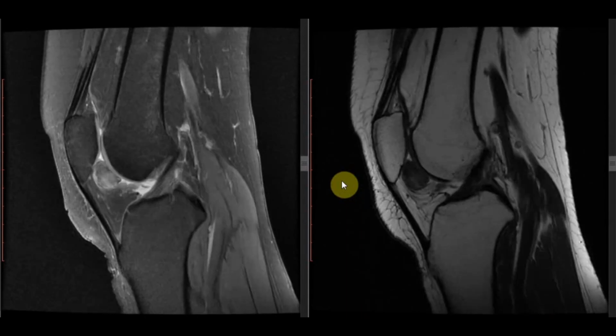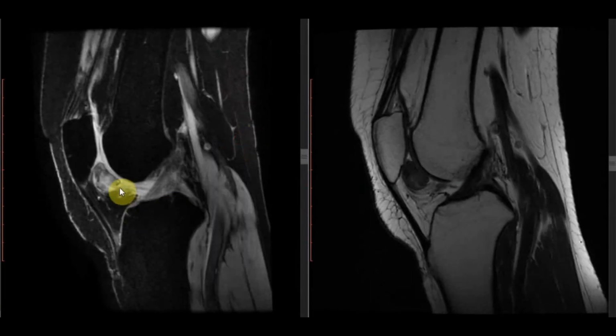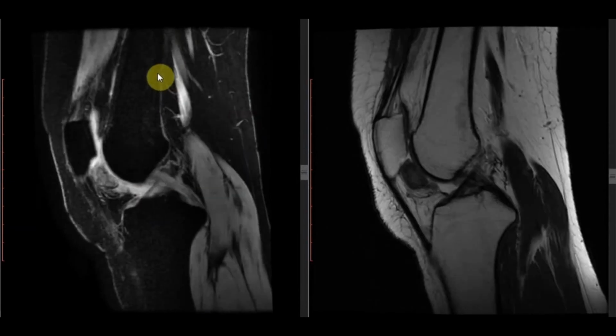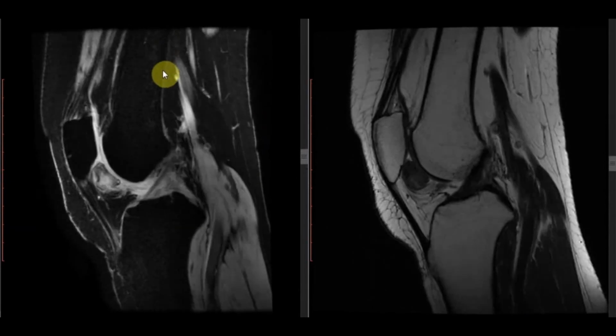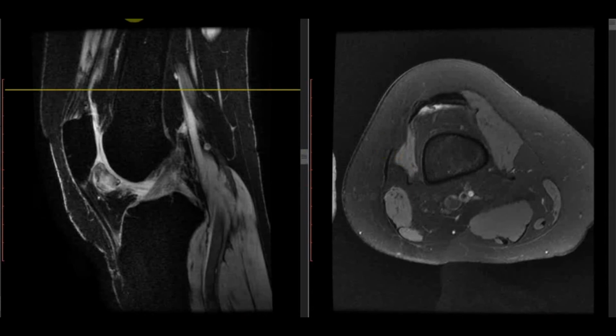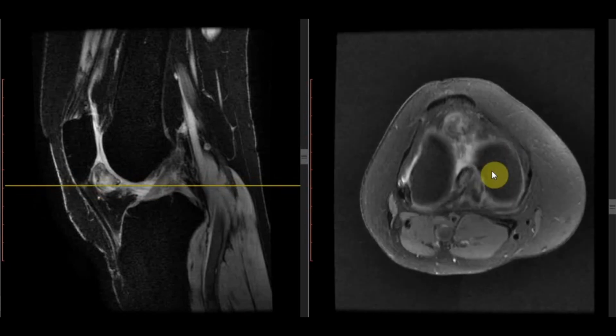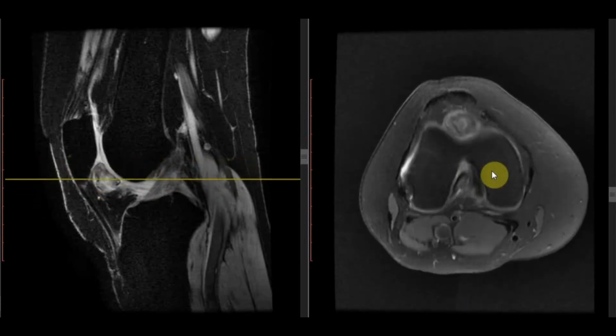We also have a GRE sequence, and we can see multiple foci of hypointensity in the lesion. On the axial sequence, you can see a well-defined lobulated lesion just inferior to the patellotrochlear junction.